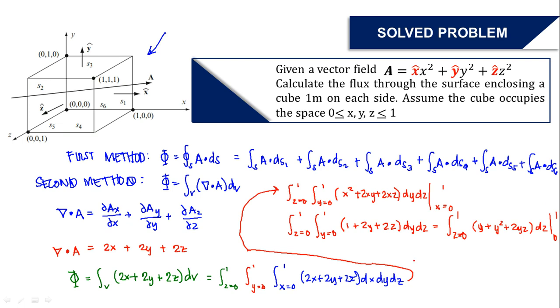So, susunod dyan, sa z naman, matitira na lang sa atin is the integral z is equal to 0 to 1 ng 1 plus 1 plus 2z dz. Okay. So, ano nang mangyayari dyan?